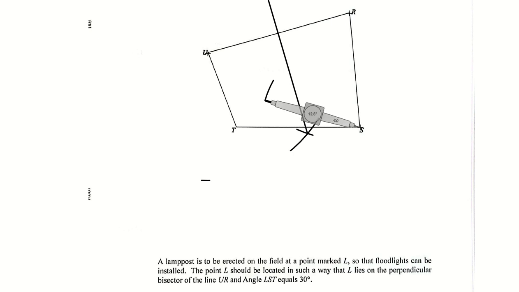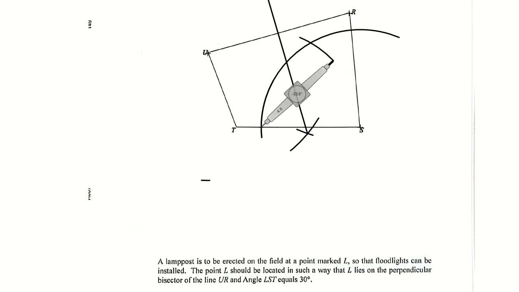We have to make an arc first, and then make an intersecting arc from where the first arc meets the line. That is 60 degrees, but do we want 60?